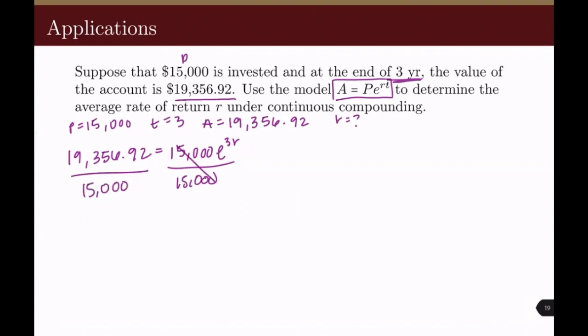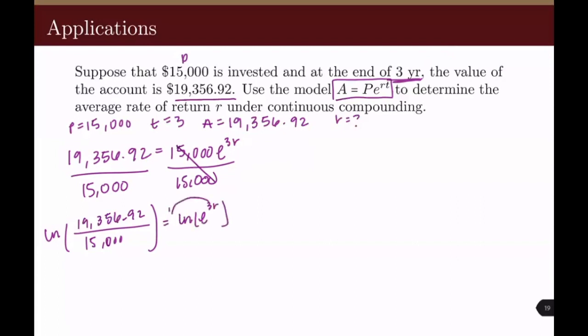The second thing I'm going to do is take the natural log of both sides. So I'll have ln of $19,356.92 divided by 15,000 equals ln of e to the 3r.